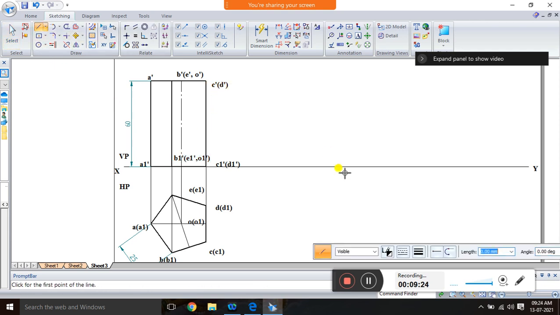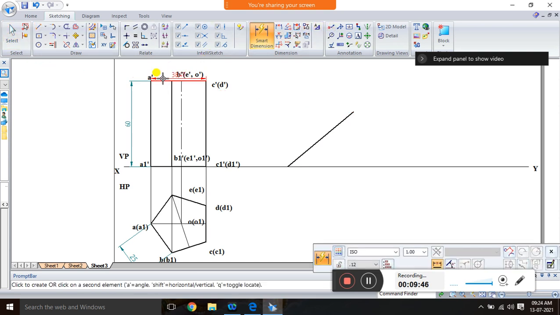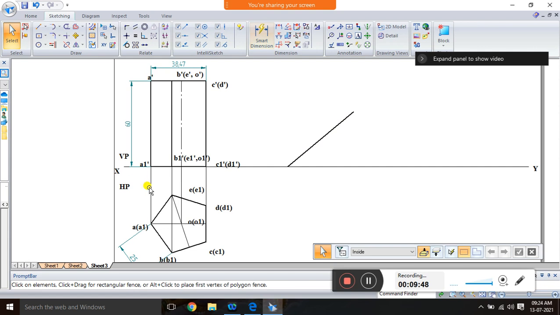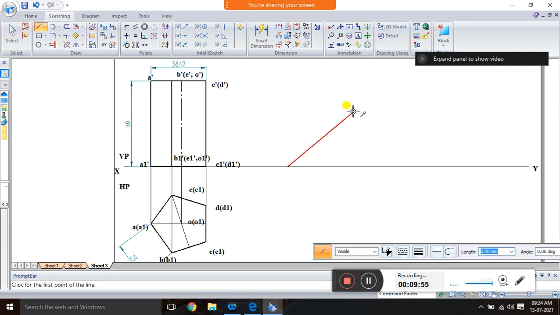So take the line, okay, the same line placed here, and the angle is 40 degree. So length as usual 60, because all the edges' length is 60 and angle is 40. First construct like this. Next what you have to do is use the dimensions. Use your scale and place it here, exactly perpendicular.